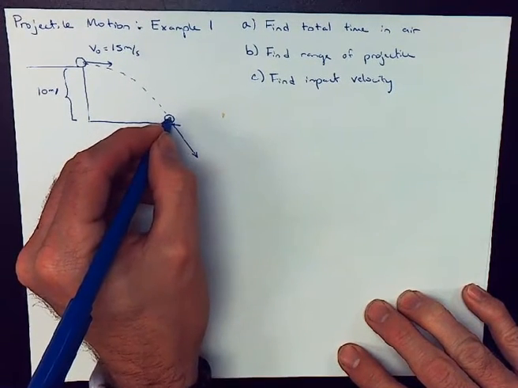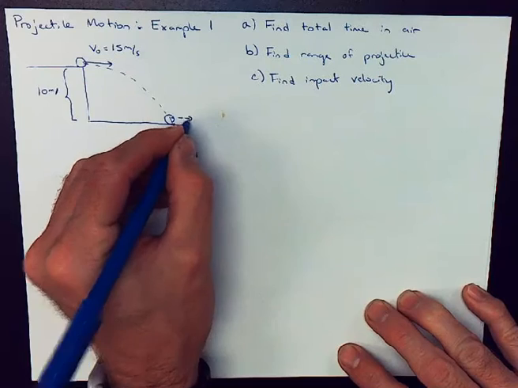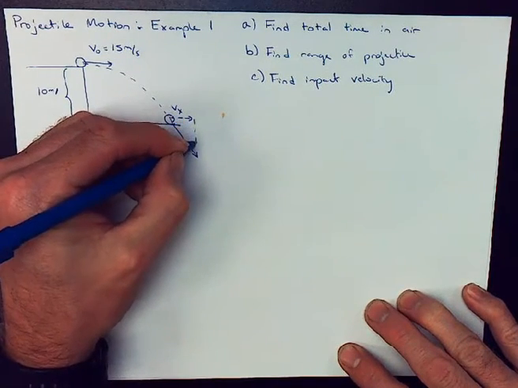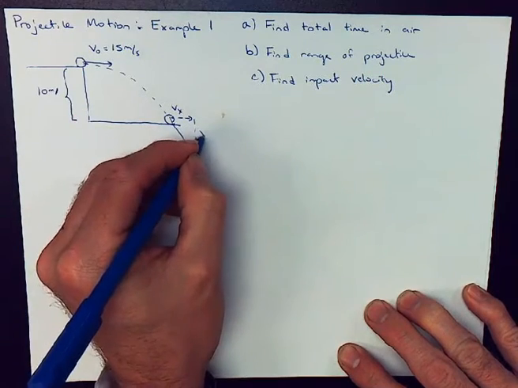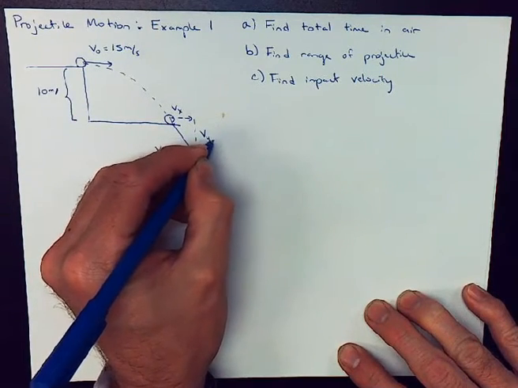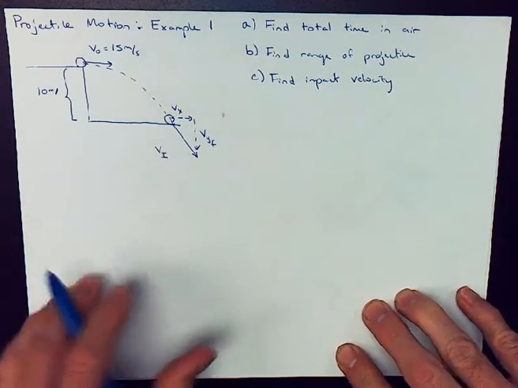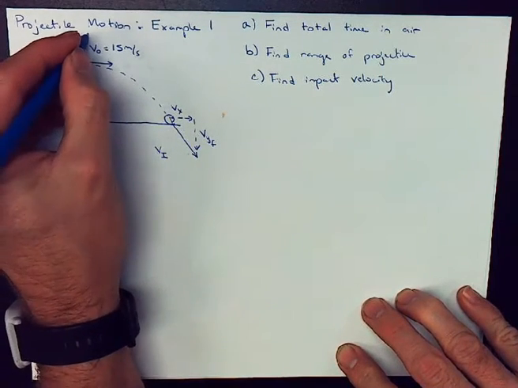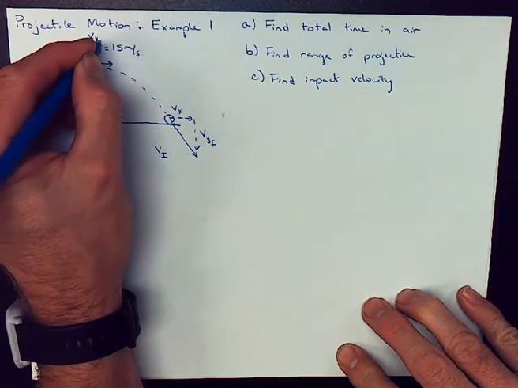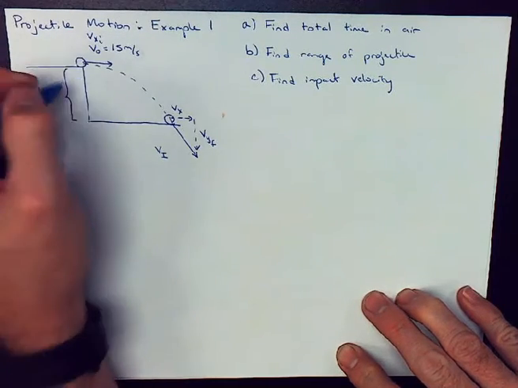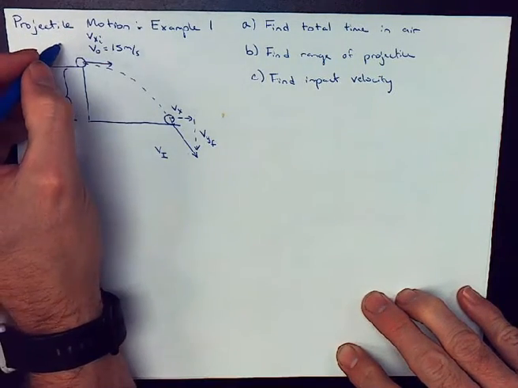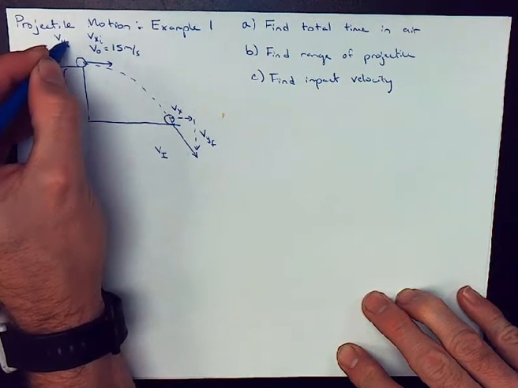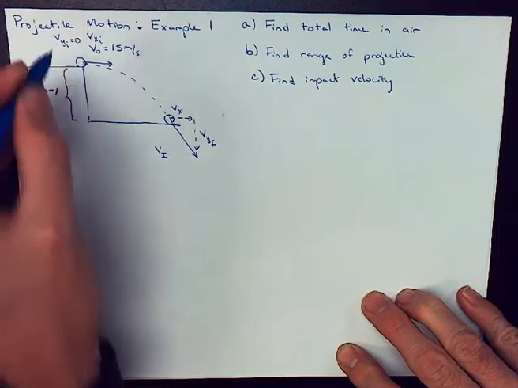The impact velocity has the horizontal component, Vx, and the vertical component, which is the projectile's final y velocity. At the beginning, all of the velocity is horizontal, so I know this is the initial x velocity, and because all of the initial velocity is horizontal, I know that the y velocity at the beginning is 0.